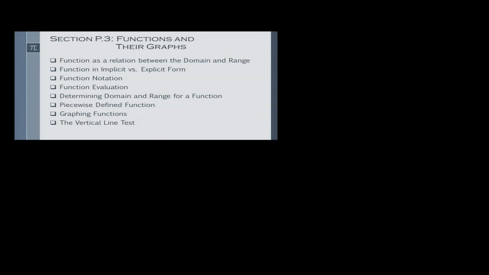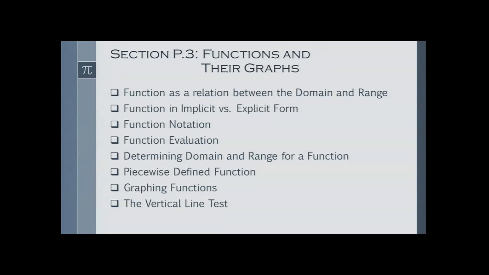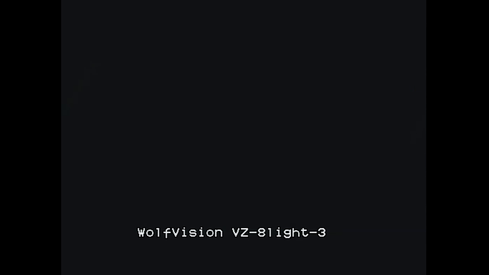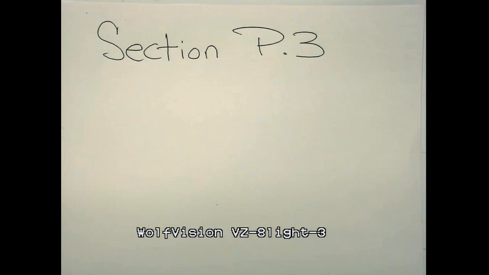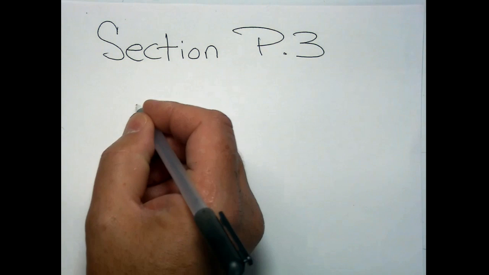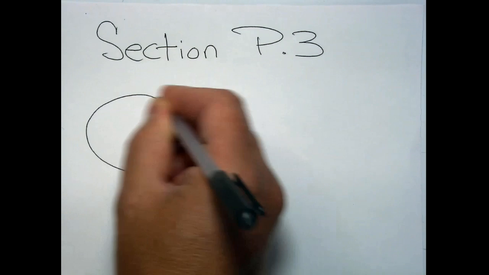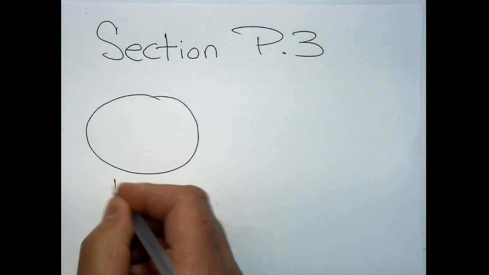function. So first of all, it's important to note that a function is a relation between domain and range. So a function is a relationship between x's and y's. So what's going on here is you've got this big set of numbers that we refer to as the domain.